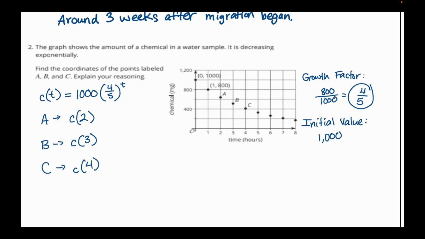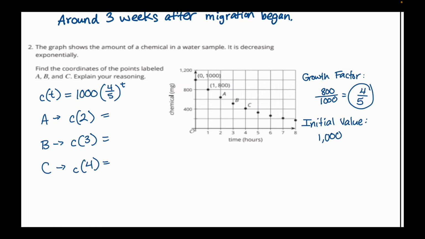Okay, so I am going to just plug these numbers into each of these, or you can do this by just multiplying by 4/5 at each go. I'm going to plug the whole equation into my calculator, and we'll use 4/5 to the power of 2.